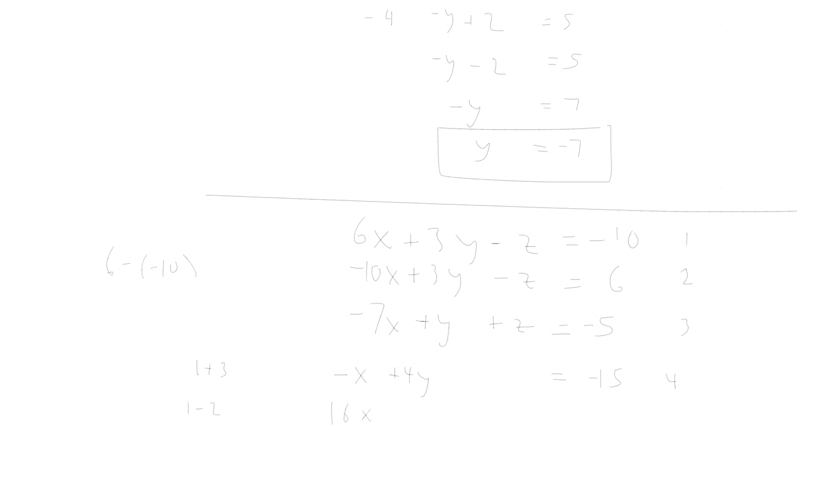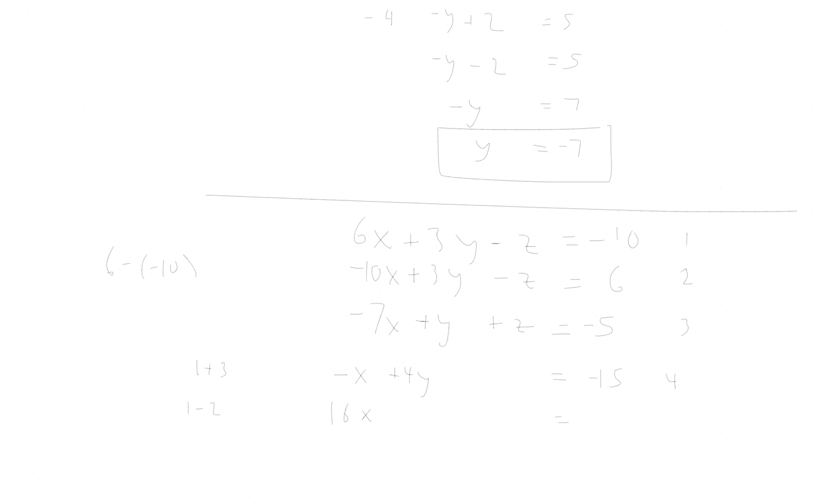Okay, and then we're doing 1 minus 2, right? So the 3y minus 3y will cancel out, and the z's will cancel out. So 16x equals -10 minus 6.